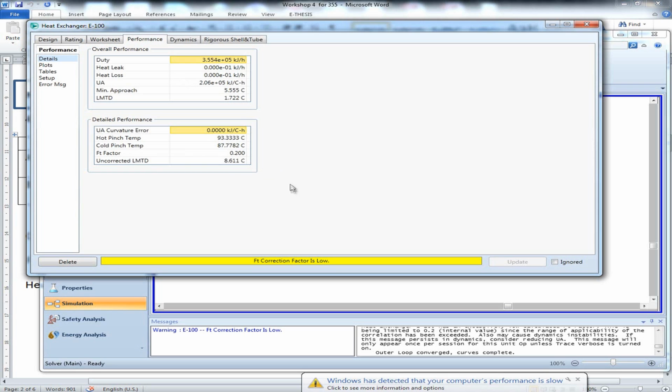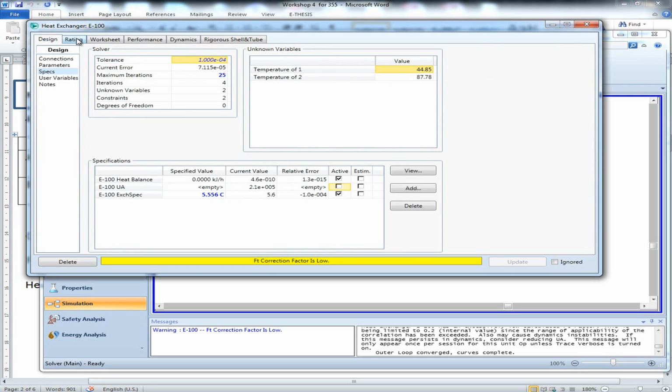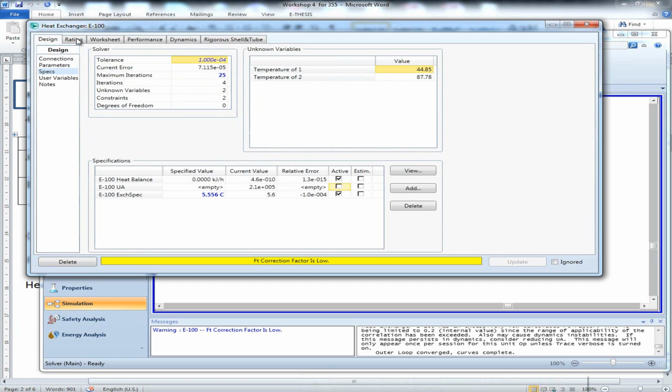Moreover, when you look at the plot of heat flow, the graph goes against the second law of thermodynamics, since the curves cannot cross each other. So it looks like in this design, under 1-2, you cannot force the heat transfer to have a minimum approach equal to 10 degrees Fahrenheit.